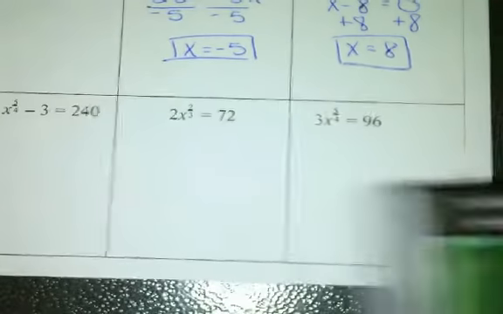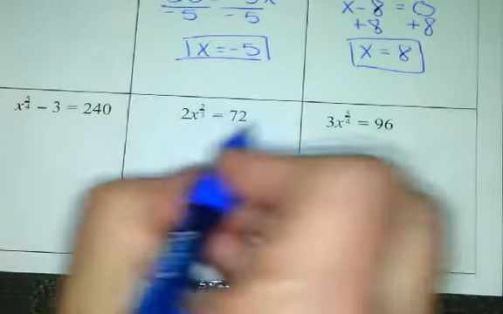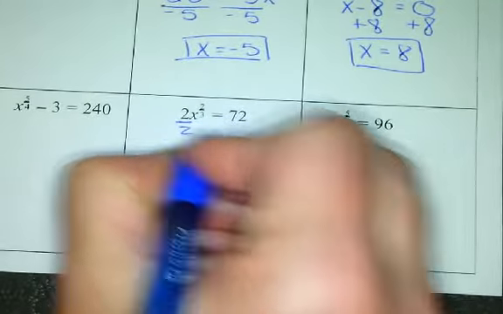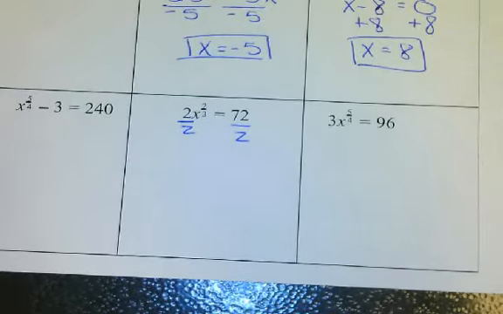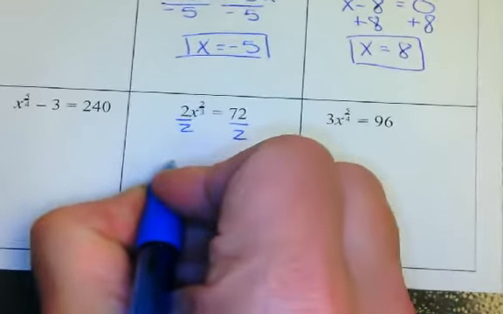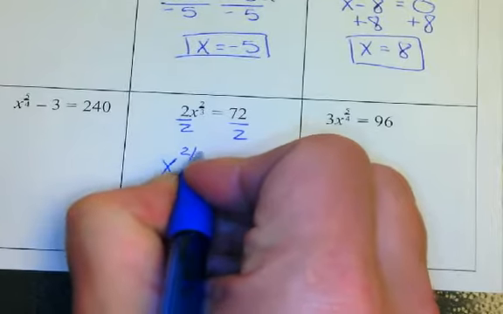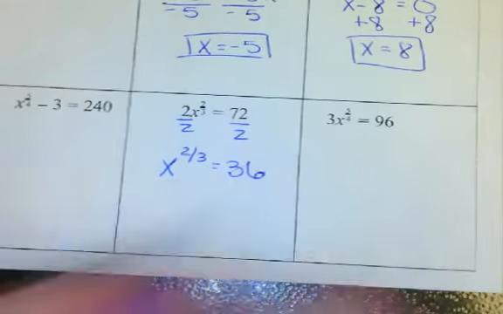Okay, down here on this one, the only difference is instead of adding or subtracting, you're going to have to divide. Okay, so once I divide that, sorry about that, the light went off, so I had to walk around and make it go back on. Alright, so here, that gives you x to the power of 2/3 equals 36.